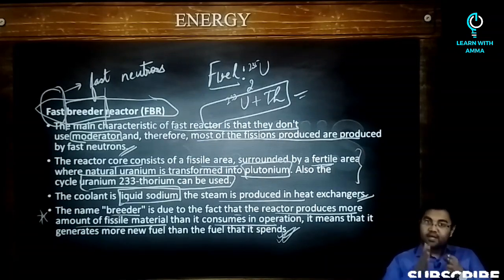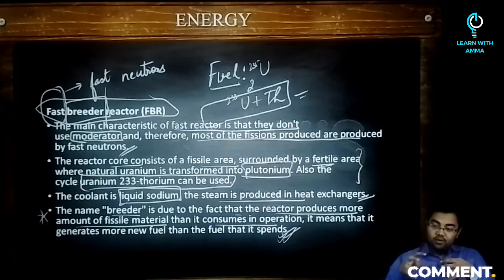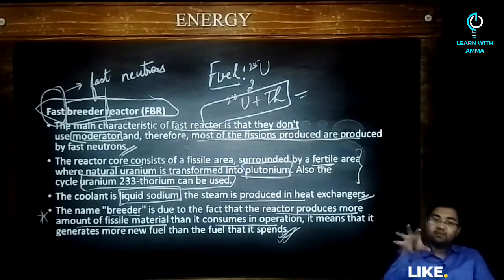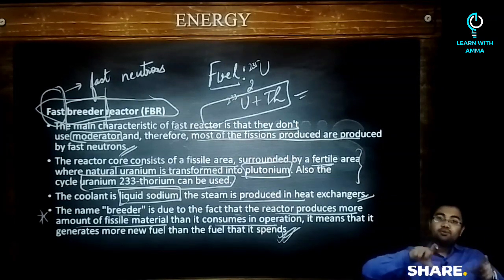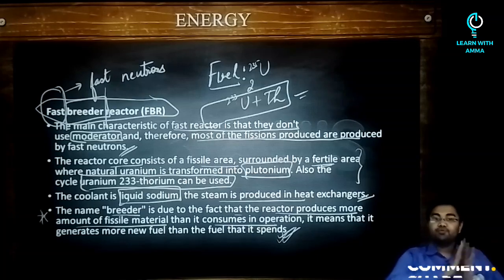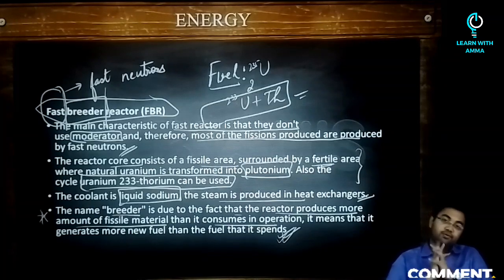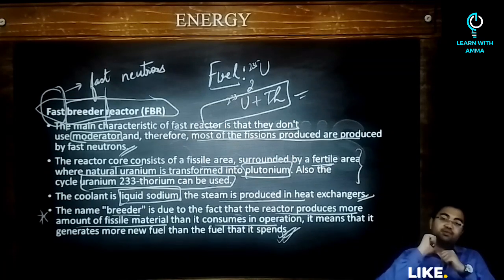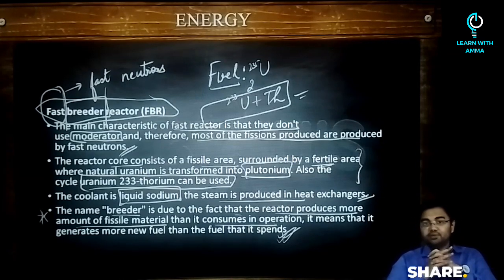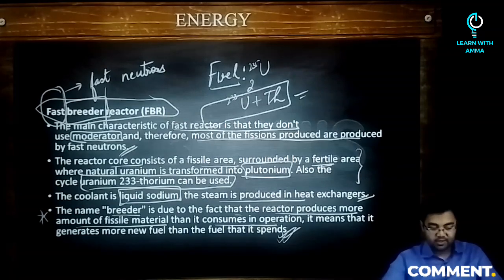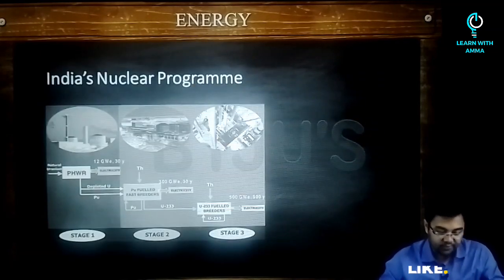If we are able to get into the fast breeder reactor, the amount of byproducts that you have is more than the input fuel that you would have given. So you don't need an external fuel for your reactor. Whatever byproducts you are getting, from there only you will generate all the fuel that you need. That is the most important part with respect to a breeder reactor or a fast breeder reactor.